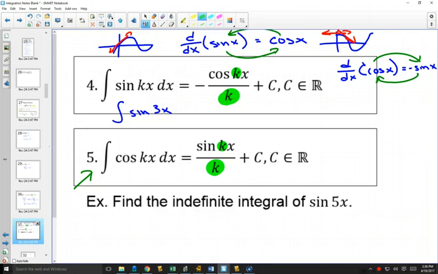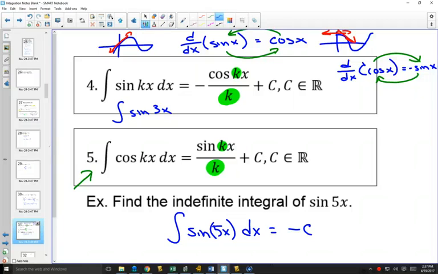So regular integration, if you just had to integrate just cos x, easy, it's going to be sine x plus c. But if you have that extra number inside, like we do in this first example, find the indefinite integral of sine of 5x. So if I have sine of 5x, and I'm working backwards, this is where, having thought about my derivatives, going backwards from sine is going to be a negative cos graph.